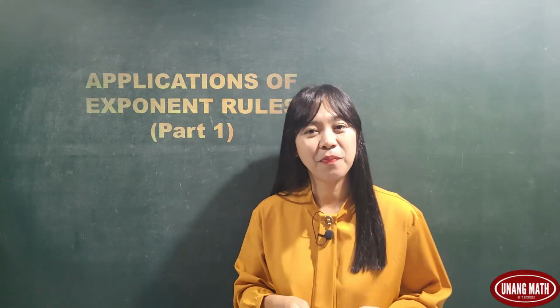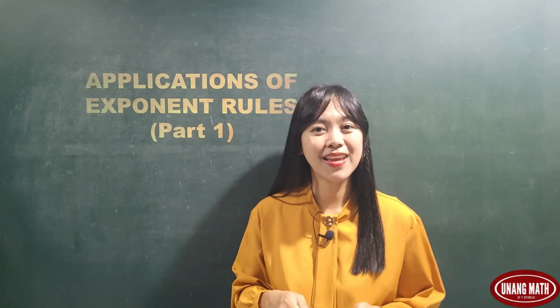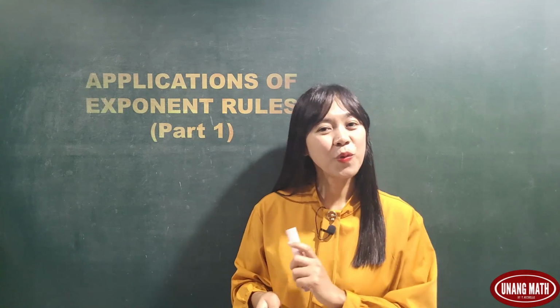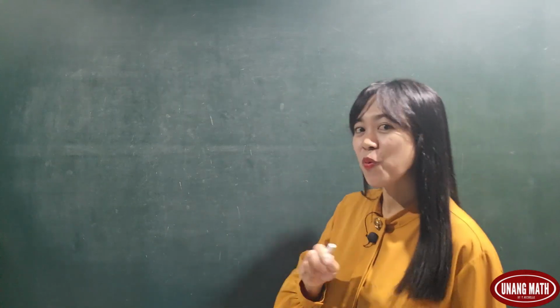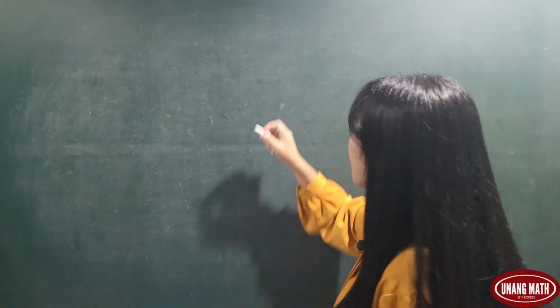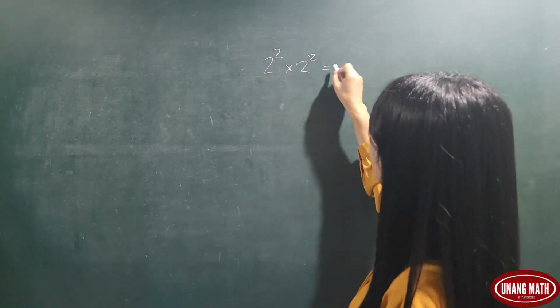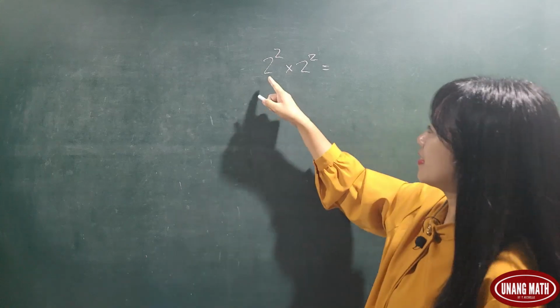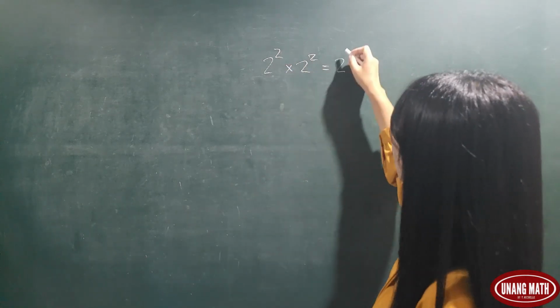In our previous episodes, we already studied the 4 basic exponent rules. We already know that if we are multiplying exponents with the same bases, let's say for example, 2 squared times 2 squared, what we need to do is just copy the base, then add the exponents. So 2 plus 2 is 4.